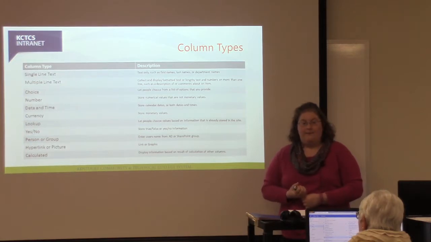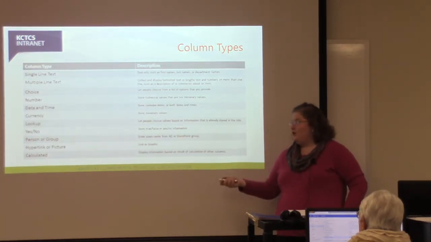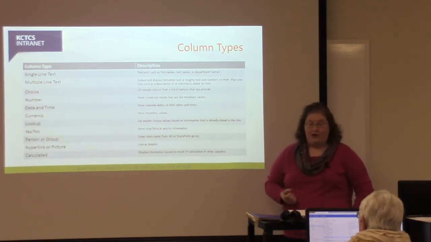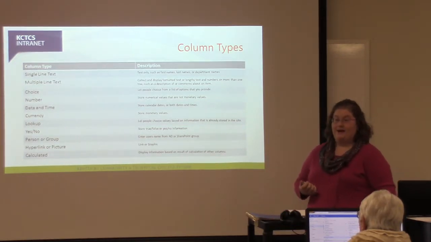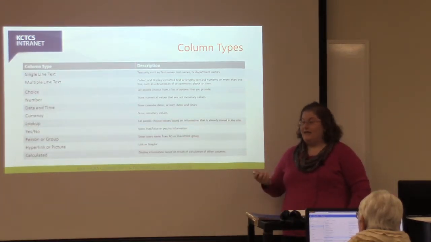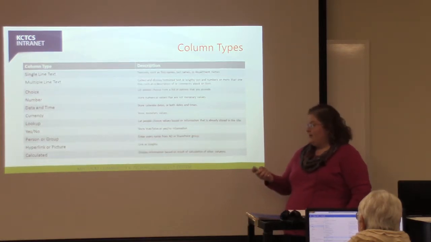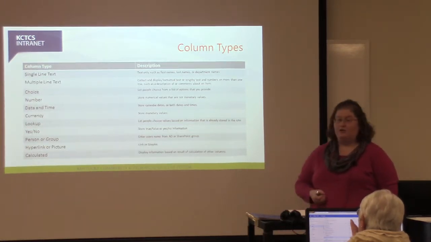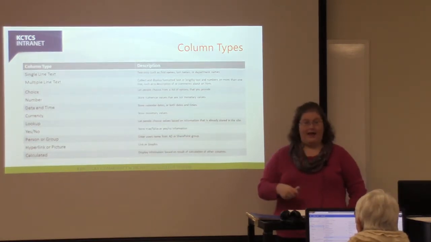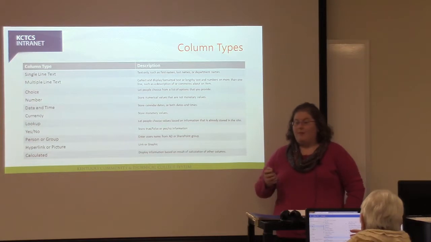So just an example of how we've used a calculated column in the past. When we were going through the migration process, we had about 260 sites, and we had to communicate to every site owner that the site was getting ready to be migrated. So what we did is we had a column called target migration date, and all that had been filled out, but we had to send out communications.